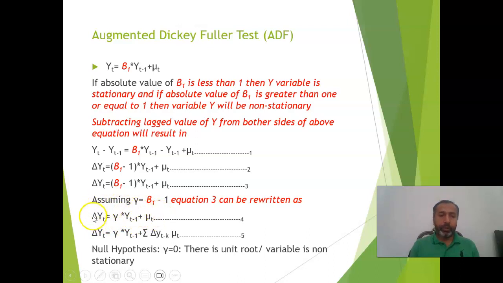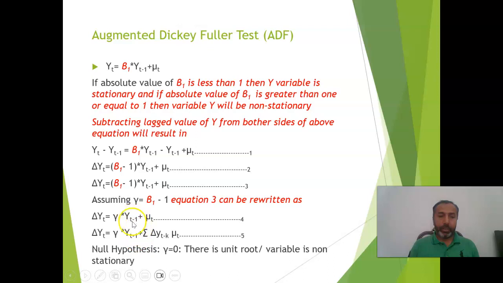Now this equation 4 was used by the Dickey-Fuller test, and in the Dickey-Fuller test later on, because this residual could be correlated with this independent variable, which is the lagged value of y, to tackle this problem of correlated error term, they included the lagged value of the dependent variable in the equation as well.